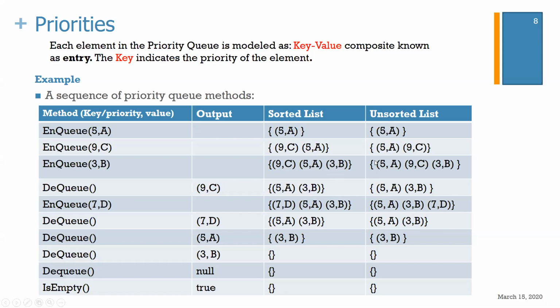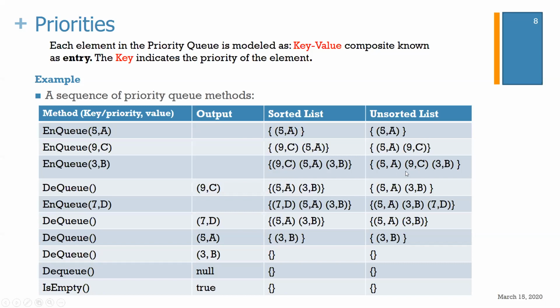But for an unsorted list, we'll add directly at the rear. To DQ, meaning that we'll DQ directly from the sorted list from the front. So remove the 9. And to traverse, we need to traverse. So we cannot DQ the 9 element without any traverse because this is an unsorted list.